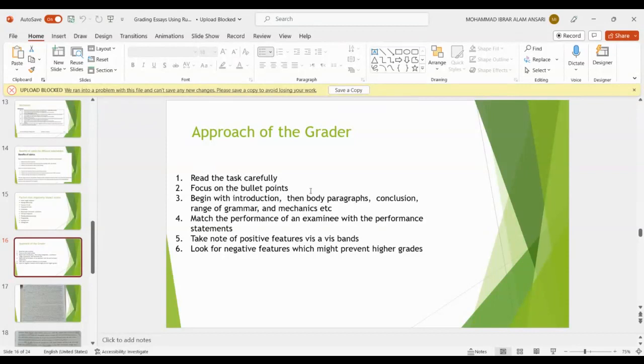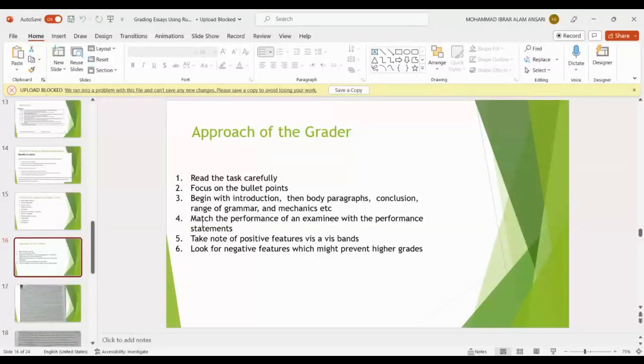We need to focus on the bullet points. And then while marking, we need to begin with the introduction, then body paragraphs, then conclusion, and then we can look for maybe accuracy of grammar or range of grammar, variety of sentences, and so on. And then mechanics, which is about spelling and capitalization and so on.